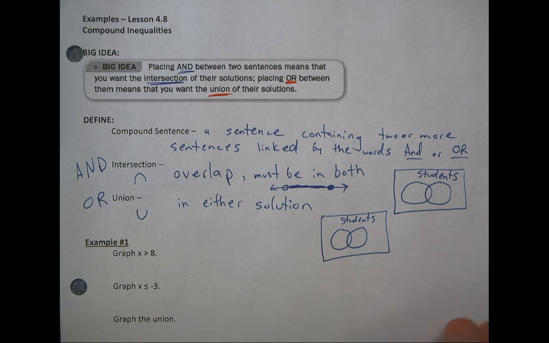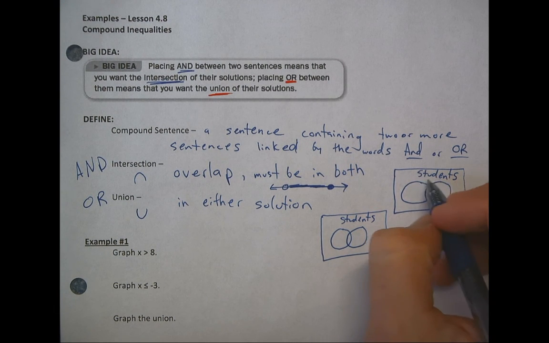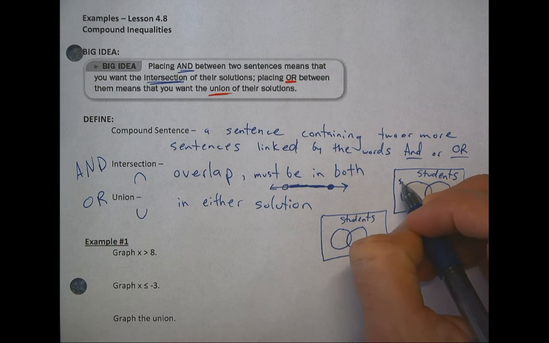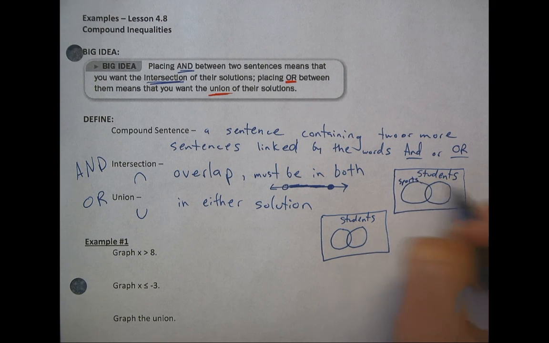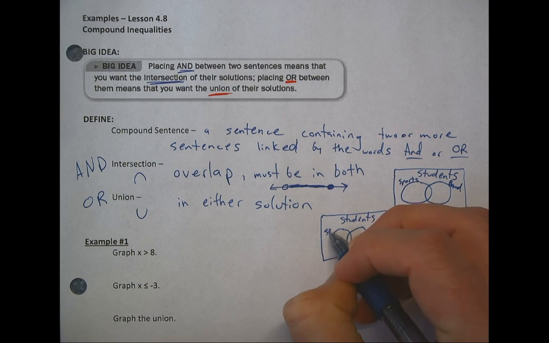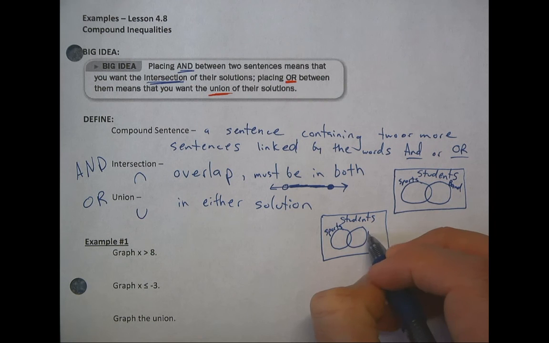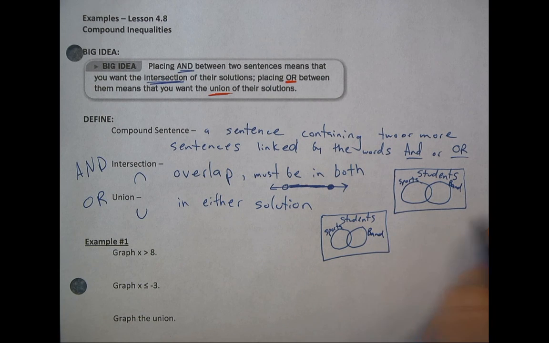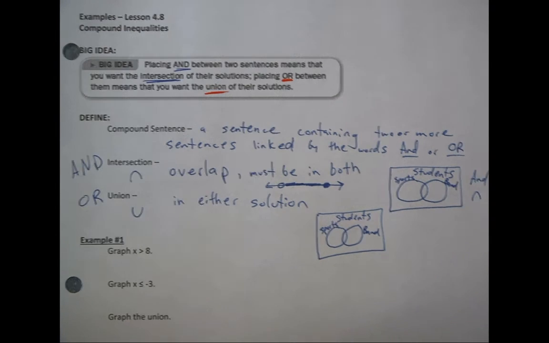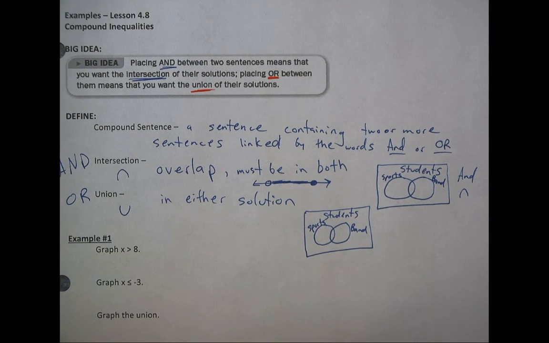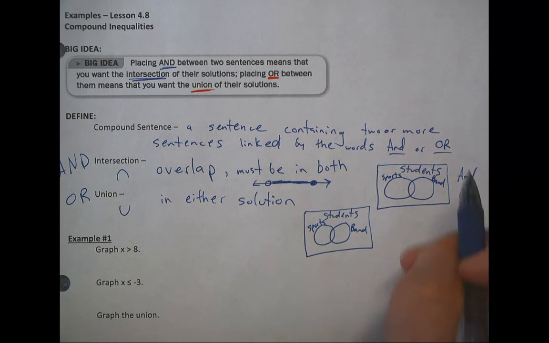All right, so the box represents all students in the school. We're going to make this circle represent kids that play sports. This circle is kids in the band. If this is your "and," or your intersection, we are just representing students that play sports and are in the band.